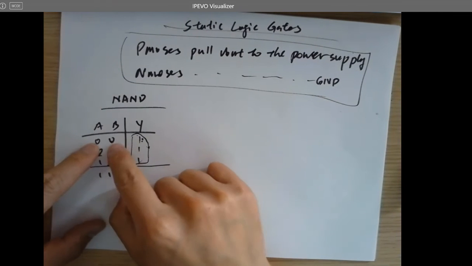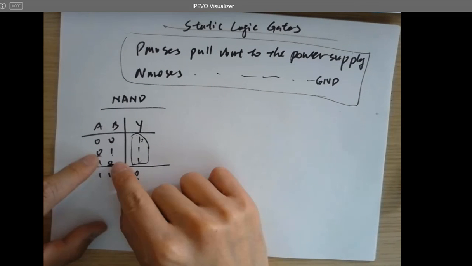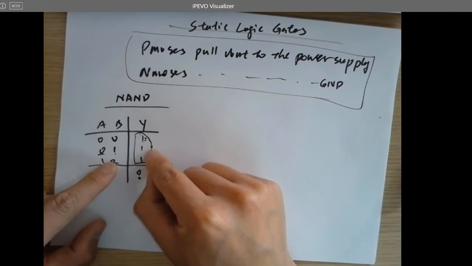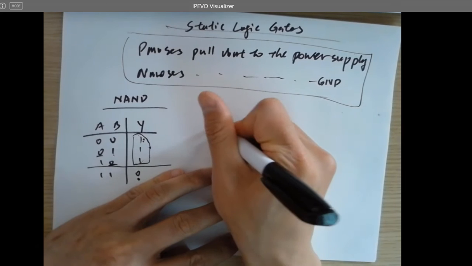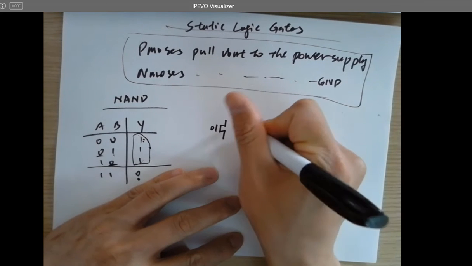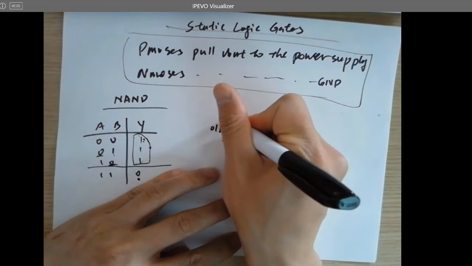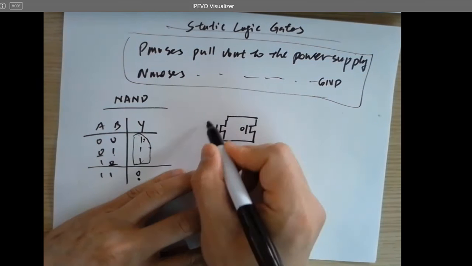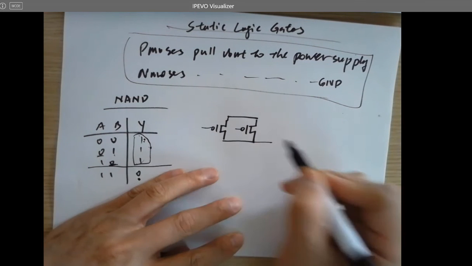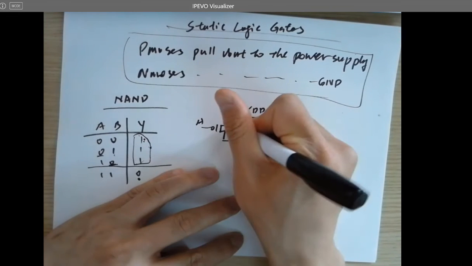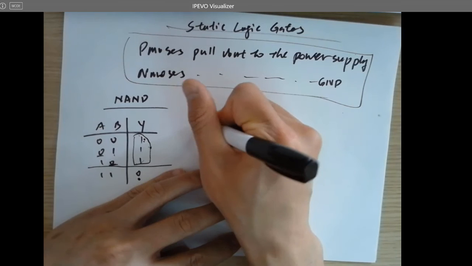Because either both of the PMOSes are on, or at least one is on, and you can pull it to VDD. You get a 1. So it has to be just two PMOSes in parallel, because if either one is on, it's going to pull this output to VDD, right?